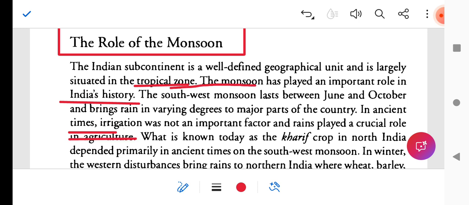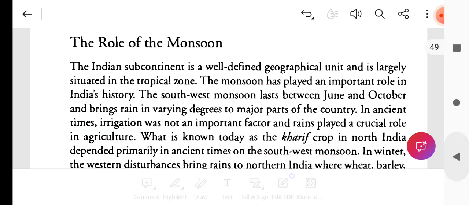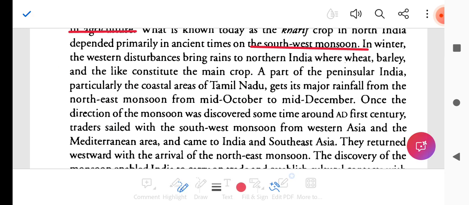So, the southwest monsoon is very important, and Indian farmers as well as agriculture of India mostly depend on this southwest monsoon. What is known today as the Kharif crop in North India depended primarily in ancient times on the southwest monsoon during the rainy season.